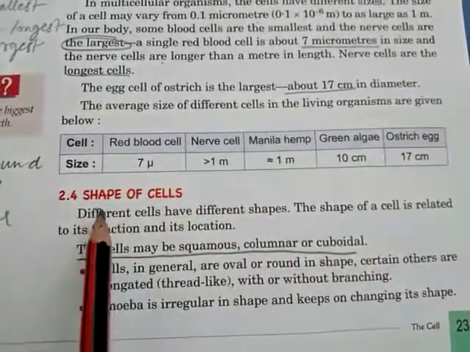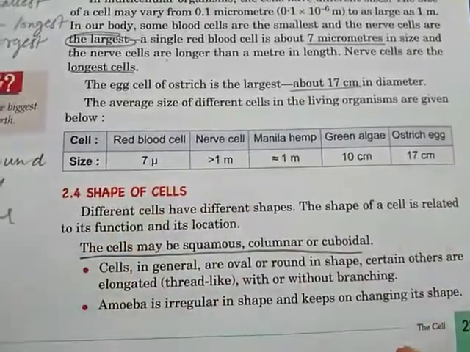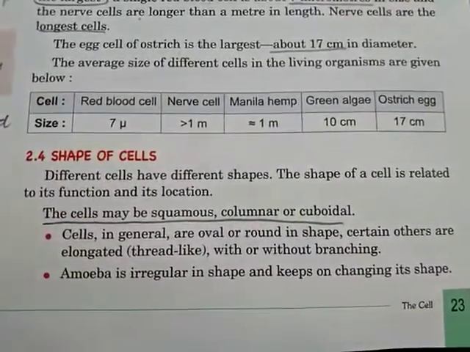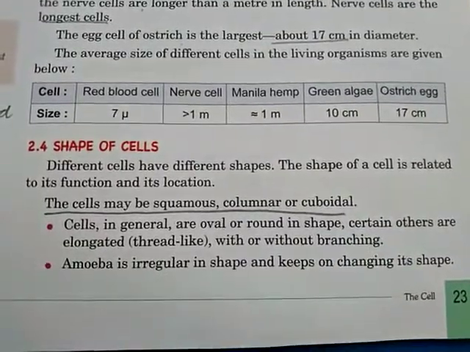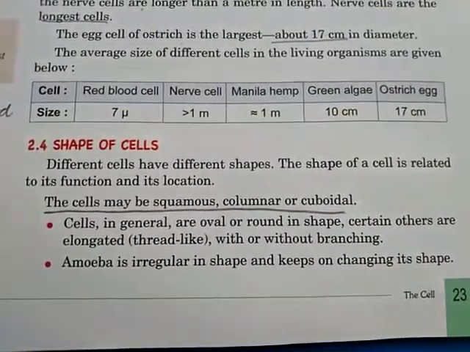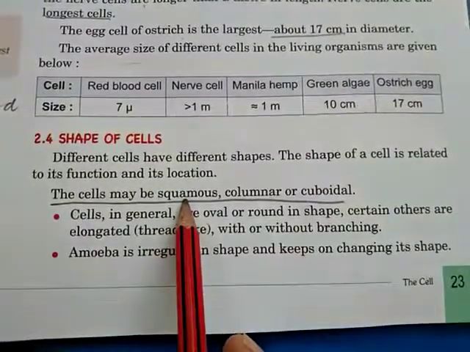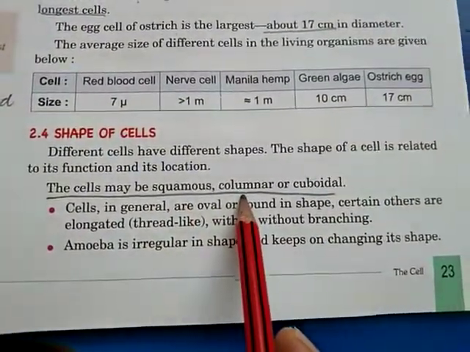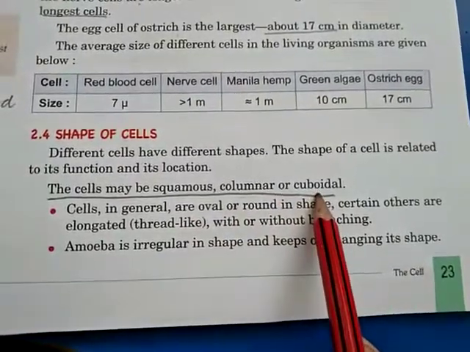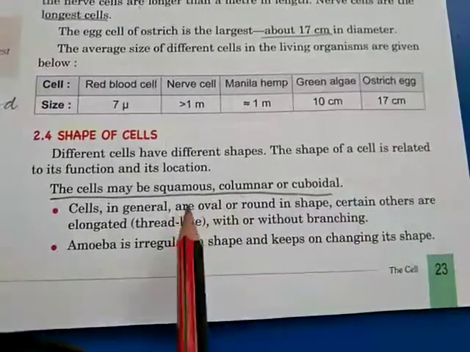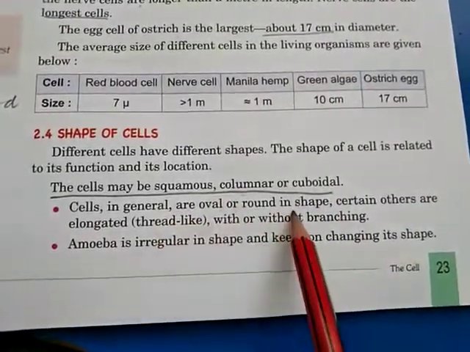Now, the shape of cells. Students, as the size of cells is different, the shapes of cells also vary. These cells may be squamous, like square shaped, columnar, like column shaped, or cuboidal, like cube shaped. Basically, they may be oval or round in shape.